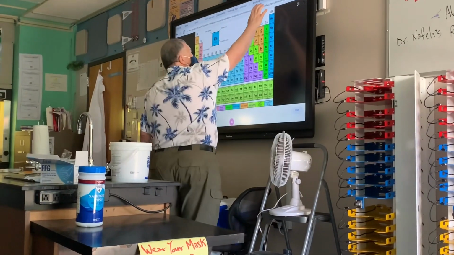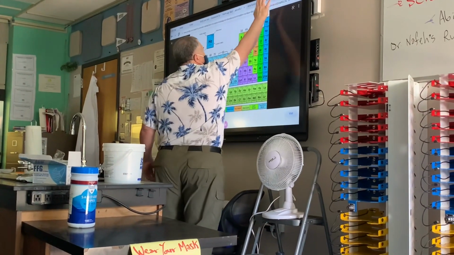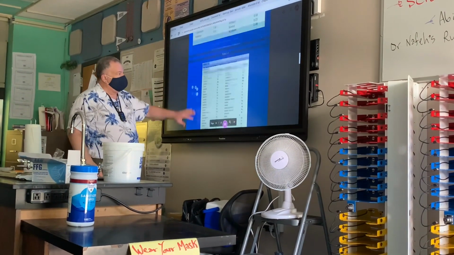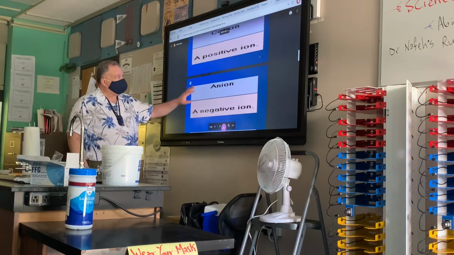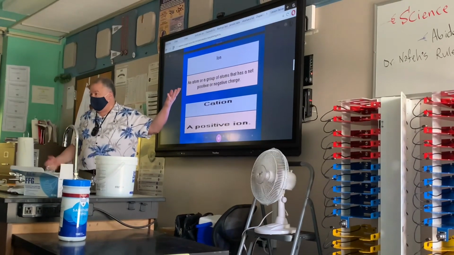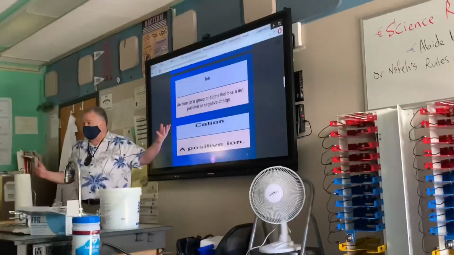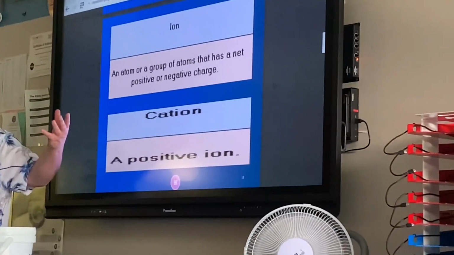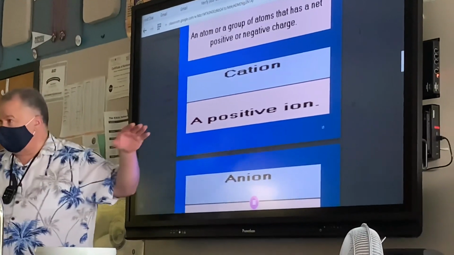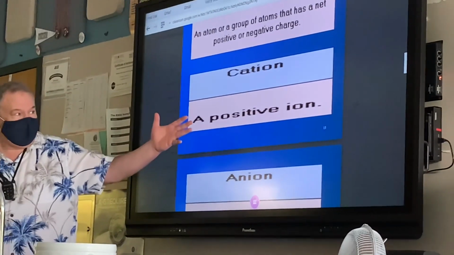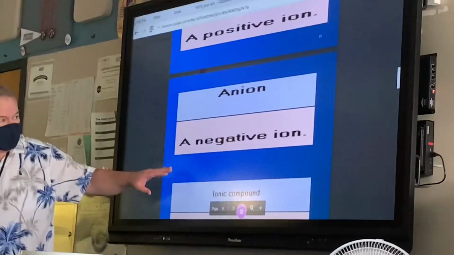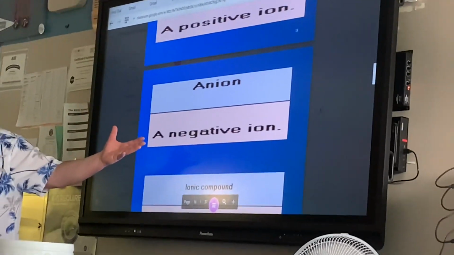Okay, here it is. Structure, chapter 3. And here is what we were talking about, my friends. Do you see? Ion. It's basically an atom or a group of atoms losing or gaining electrons. If they lose electrons, which are negative charge, they become a cation, a positive ion. If they gain electrons, what do you call them? Negative ion.